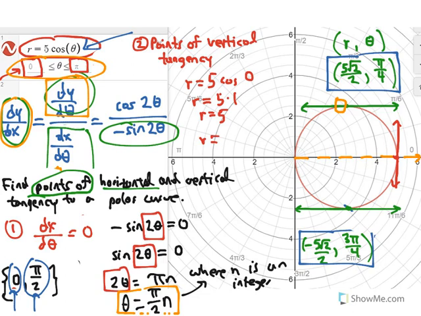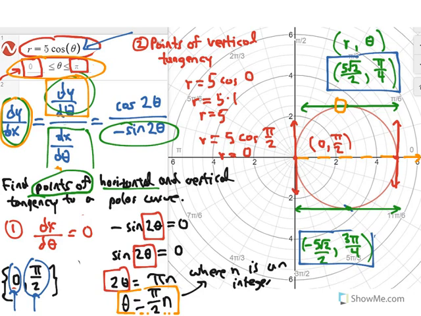So we have r is equal to 5 times cosine of theta. Cosine of pi over 2 is 0. So you have 5 times 0 is 0. And that would be the point right here, having coordinates 0 for r and pi over 2 for theta, and there is a vertical tangent line to our curve at that point.